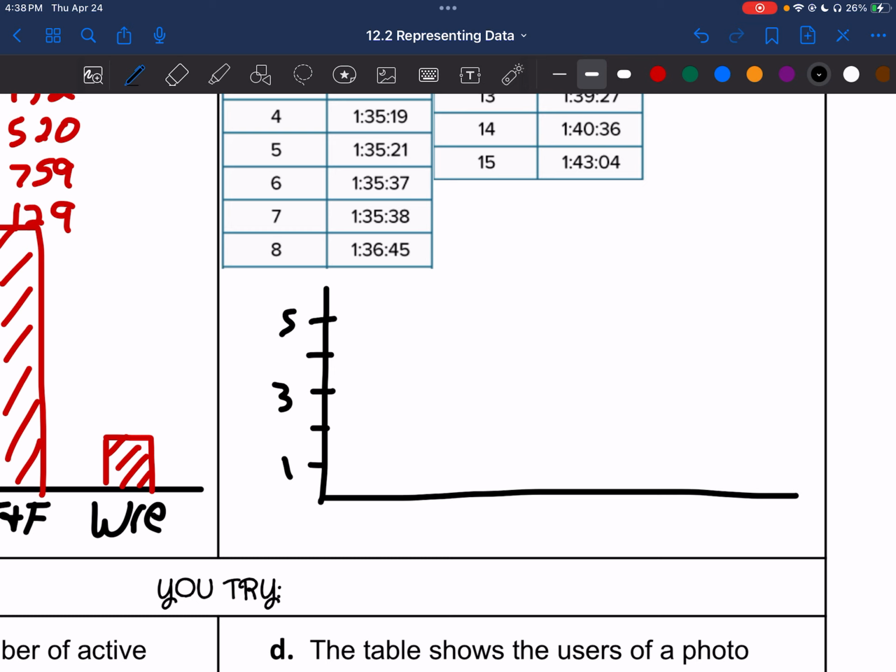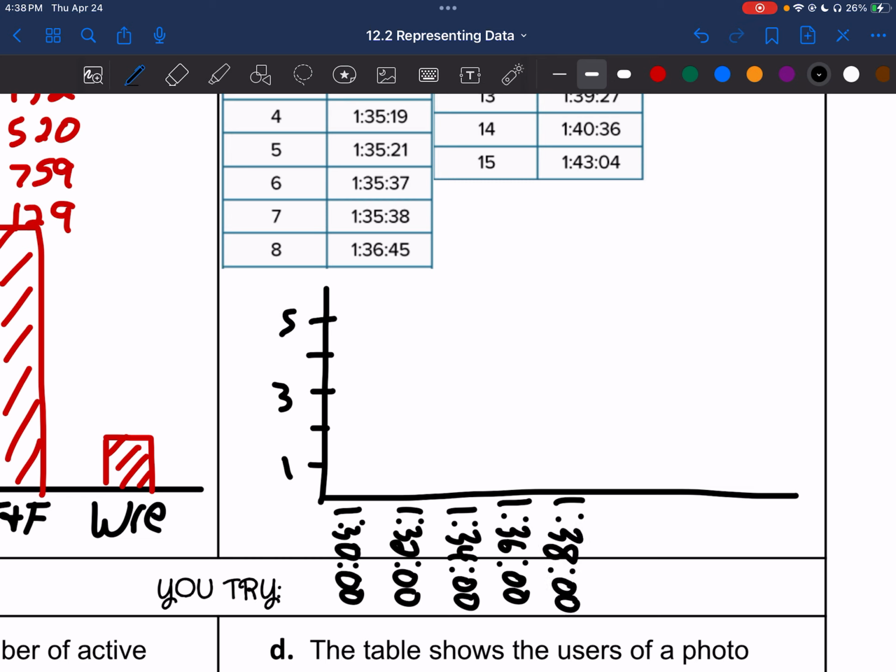So we're going to have 1:30, so an hour and 30 minutes, an hour and 32 minutes, an hour and 34 minutes, hour 36, hour 38, hour 40, hour 42, and hour 44.